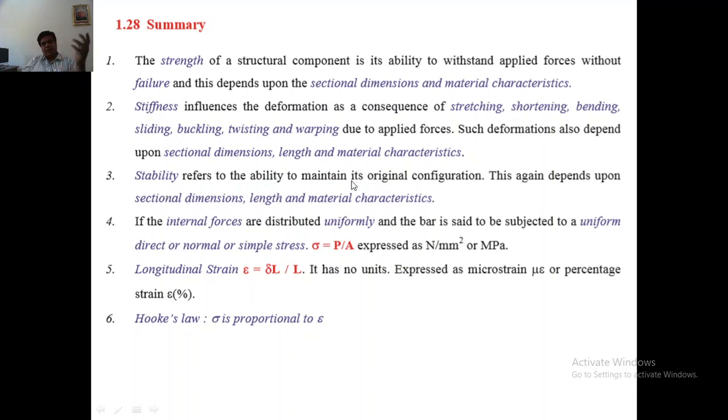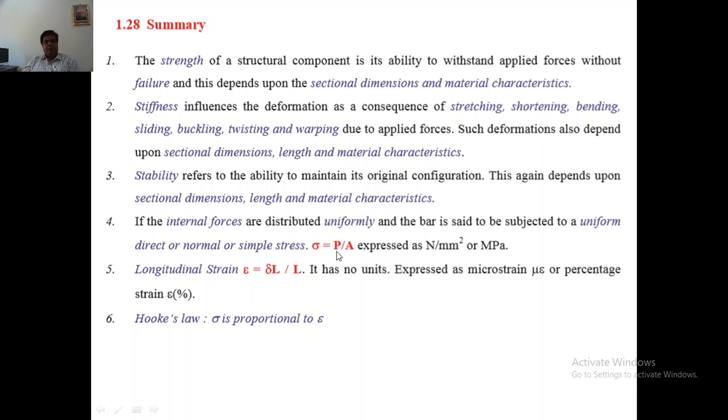And stability is related to how stiff the material is with respect to its geometry and dimensions. Usually we take stiffness with respect to buckling or twisting or warping or elongation, whereas stability is with respect to the geometry of the cross-sectional dimensions of the material.